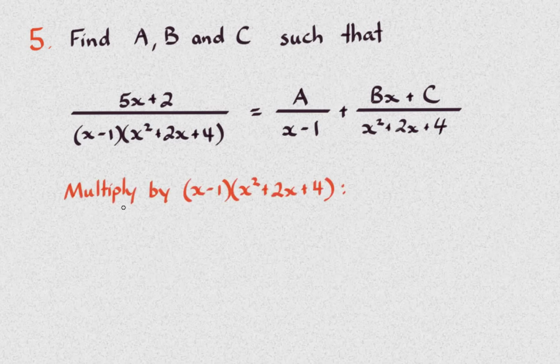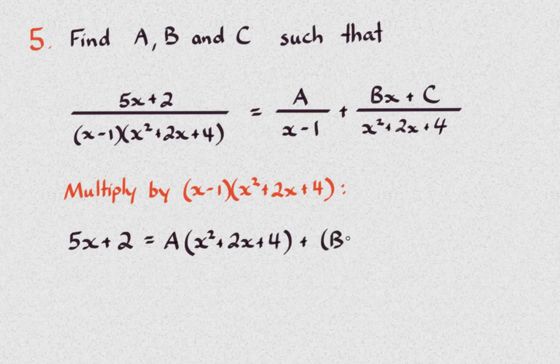We once again start by multiplying by this denominator. This gives us 5x plus 2 on the left hand side, and on the right hand side we get a outside of the quadratic, since the x minus 1's cancel, and then bx plus c will be outside of x minus 1.